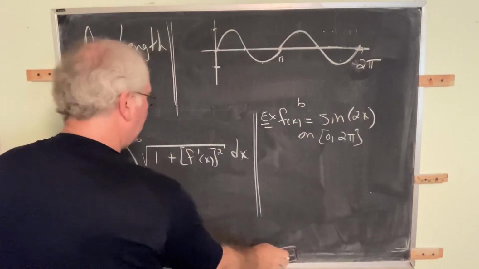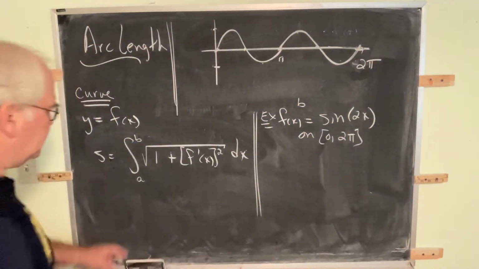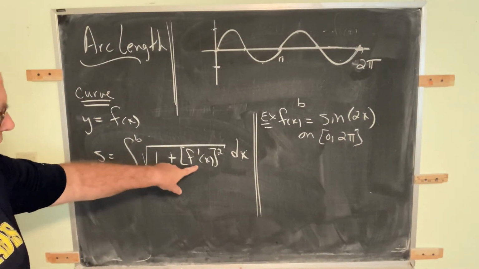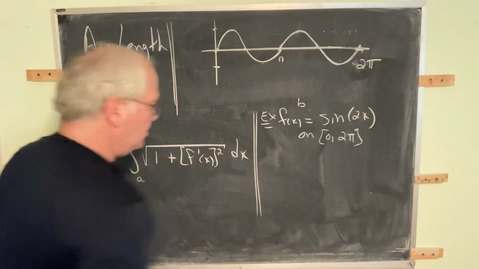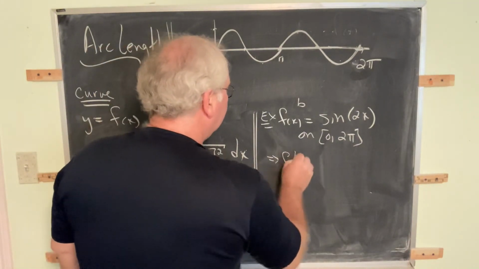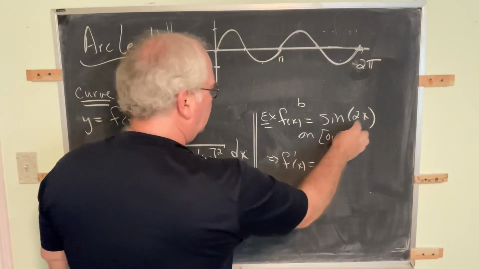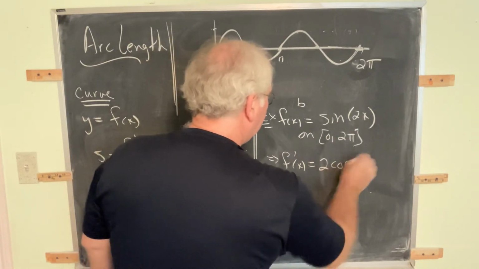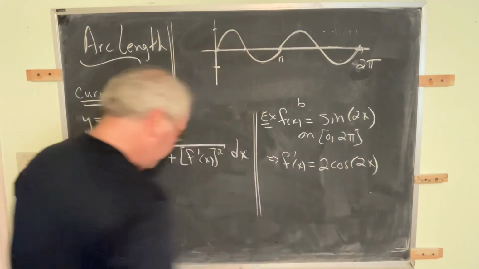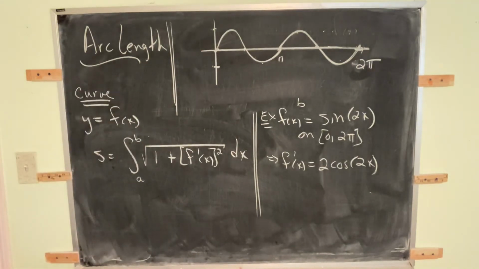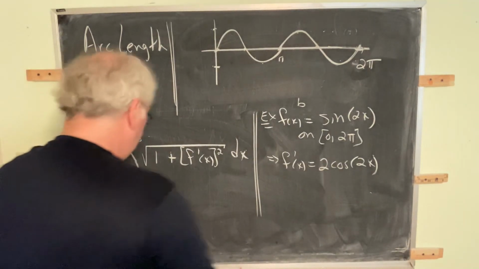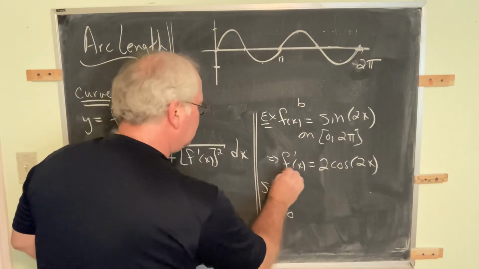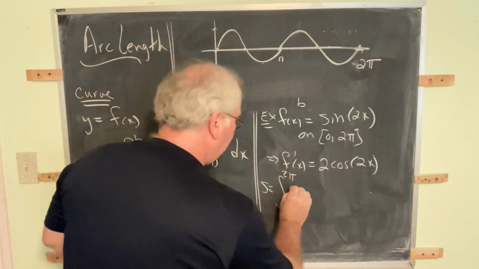All we need is the endpoints of the partition, 1 plus the derivative. So we do need to find the derivative. Chain rule: this is 2 times cosine 2x. And so we can construct this. The arc length is given by the integral from 0 to 2 pi of the square root of 1.